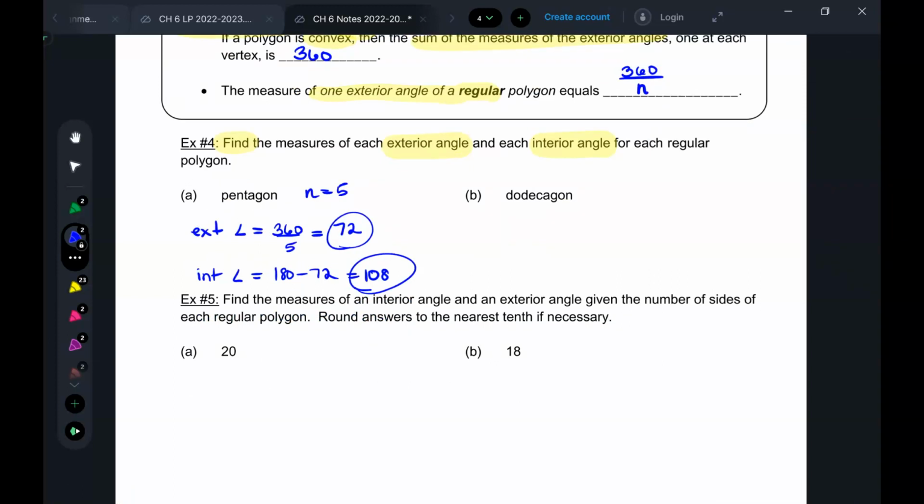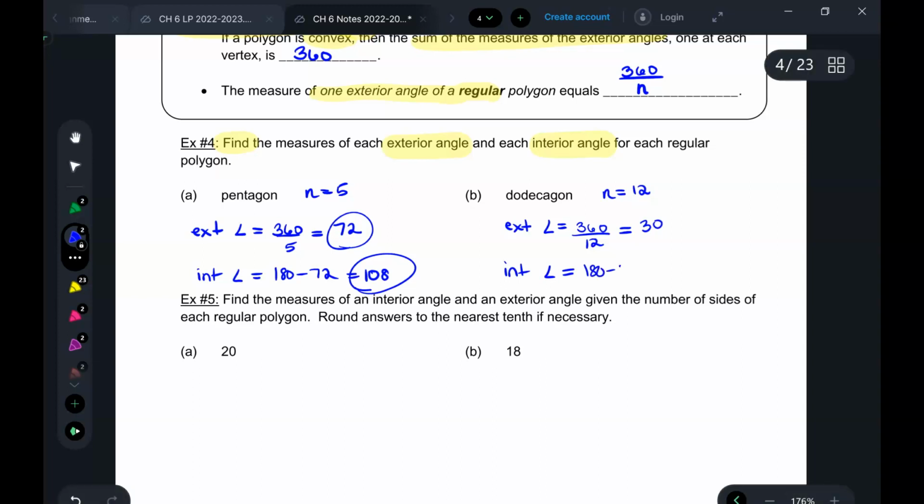Dodecagon. Is that 12? So my exterior angle will be 360 divided by 12, 30. And then my interior angle has to be 180 minus 30, 150.